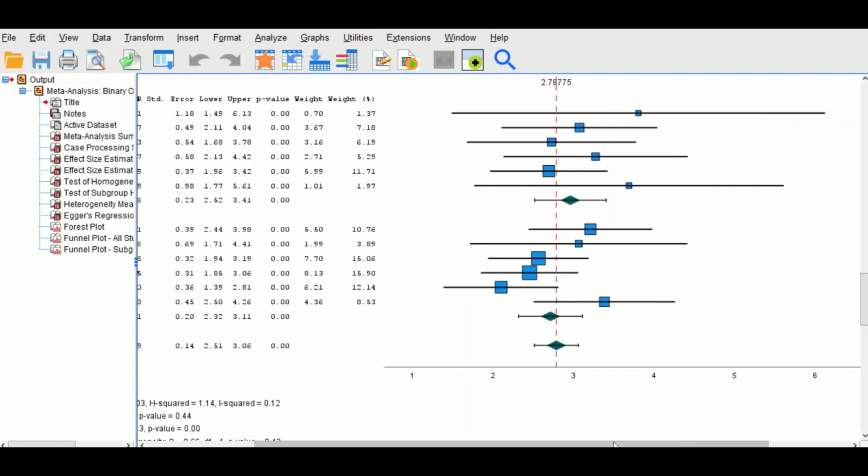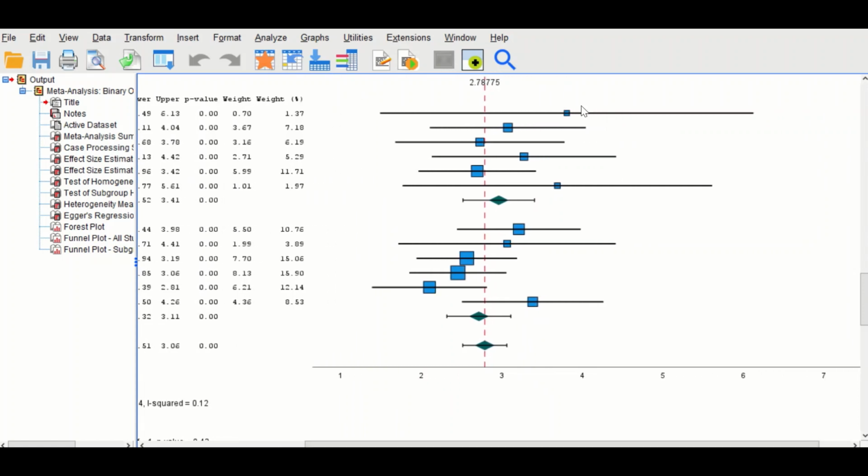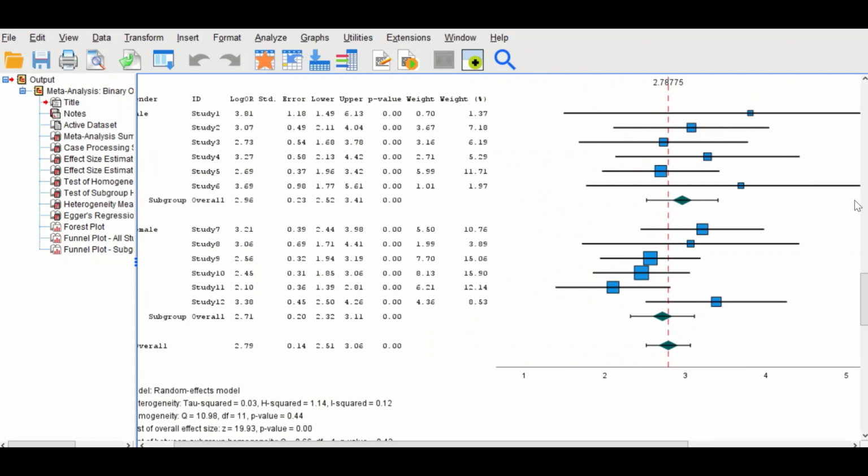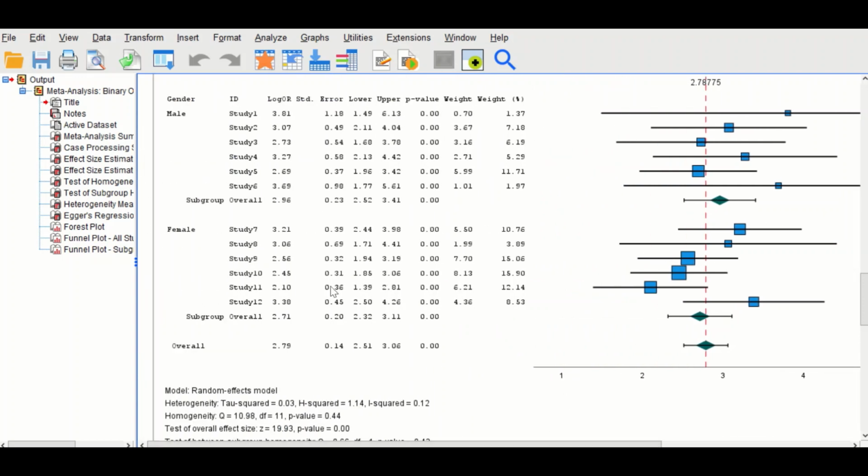And as shown here, the odds ratio for each individual study is plotted, and the diamond shaped symbol here represents the overall odds ratio for each group, for the male group and for the female group.